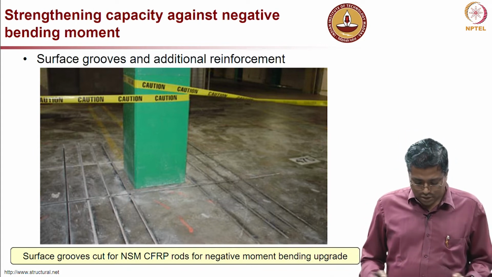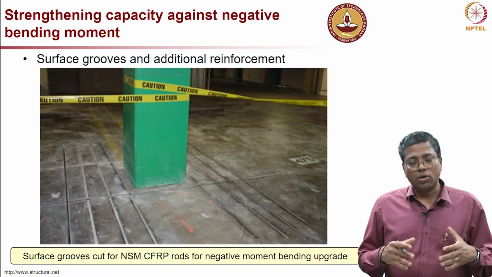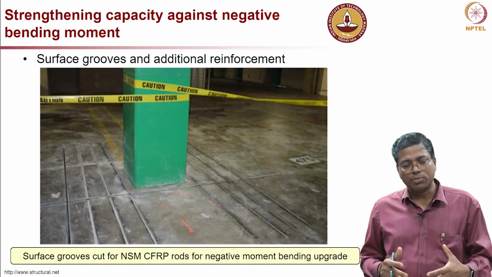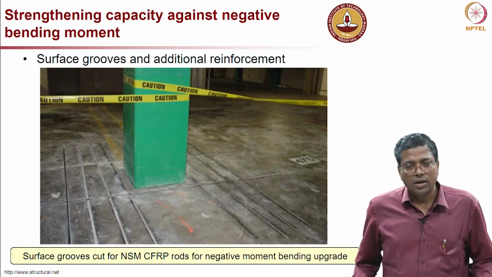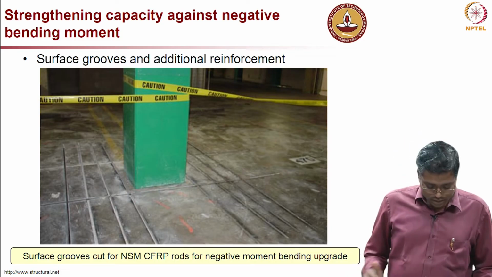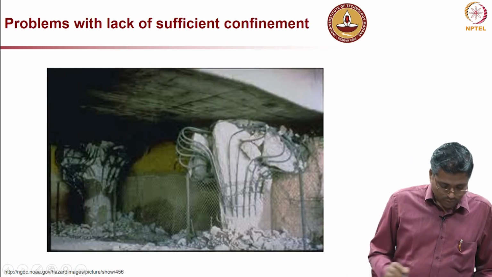There is a huge negative bending moment acting here, so this is supposed to take care of that negative bending moment, or enhance the resistance of the structure against it.